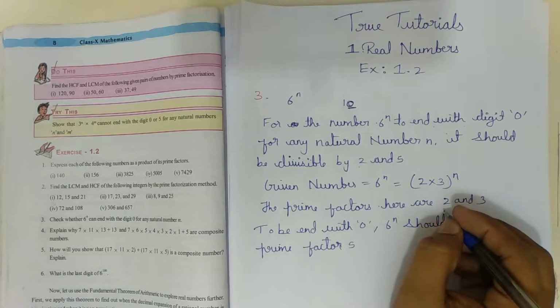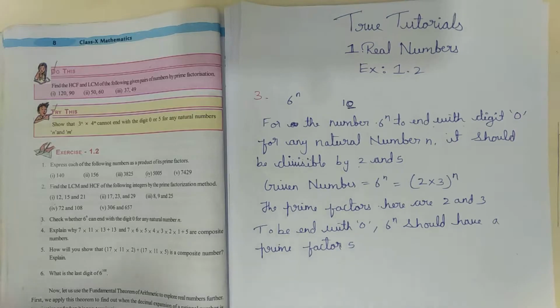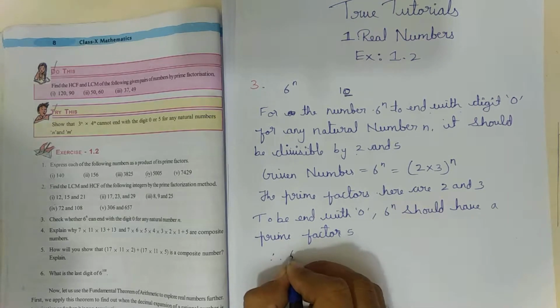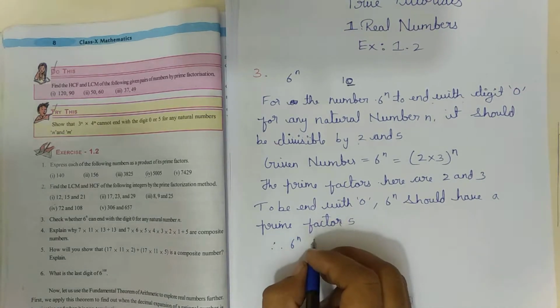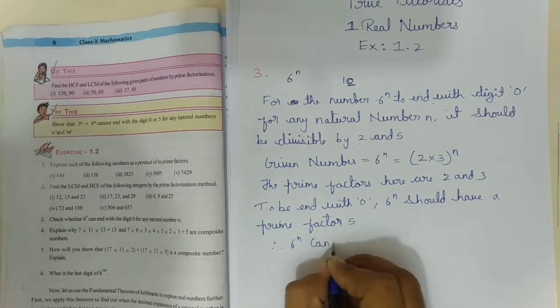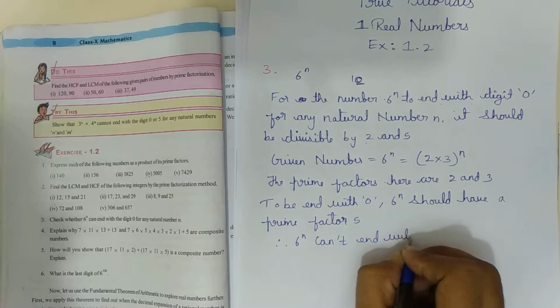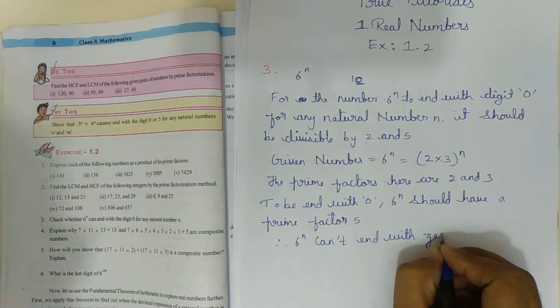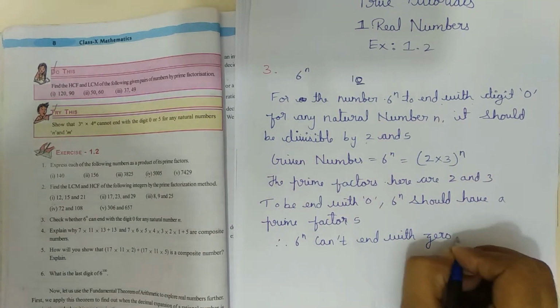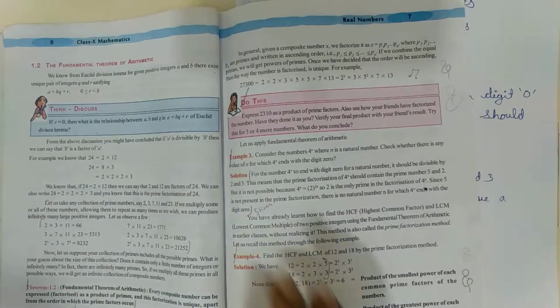It has the prime factor 2, but it does not have 5. Therefore 6^n cannot end with 0.